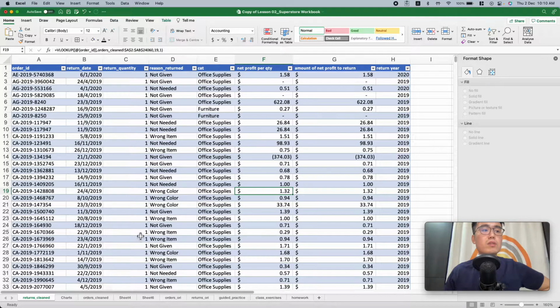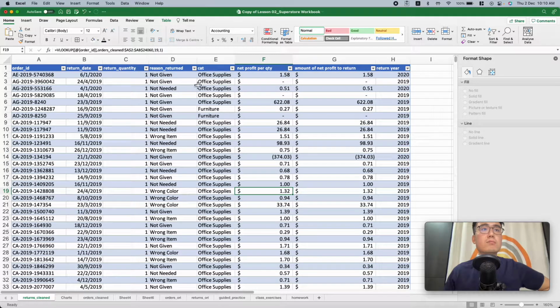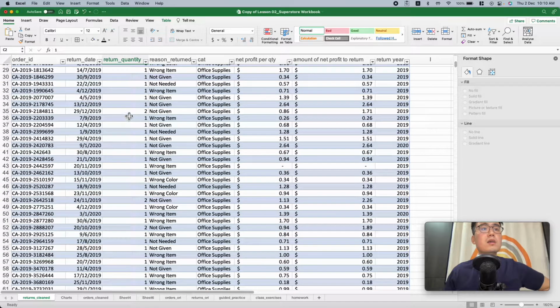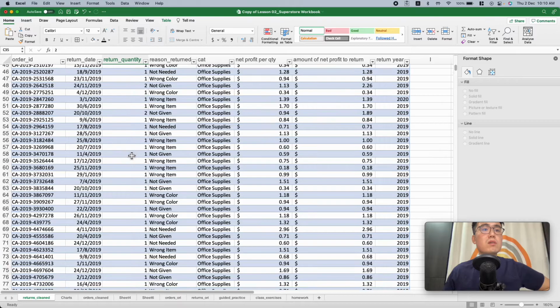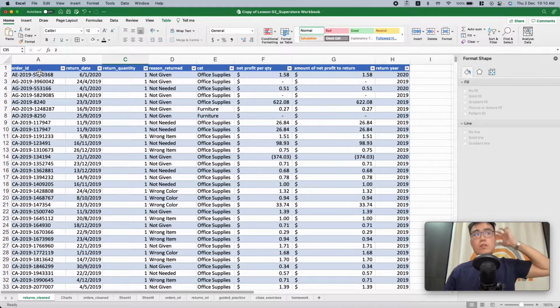From there, I go into returns sheet, which is the reason behind me dividing the profit: there are return quantities. So as you can see, a lot of them return 1 and some return 2. I think that's probably it. Oh, and I'm not sure if this is my Excel or the way that I download the Excel spreadsheet from Google, I have to recreate a table of this sheet.